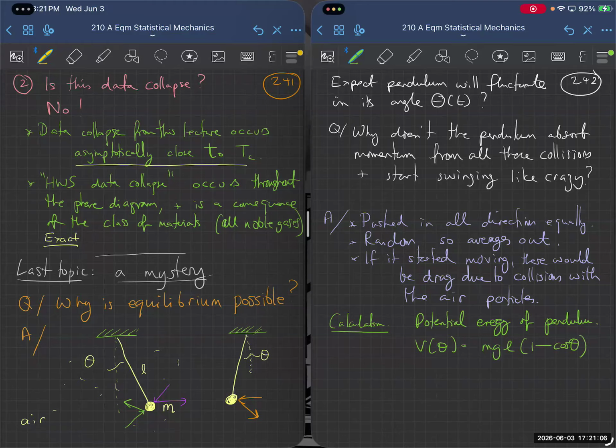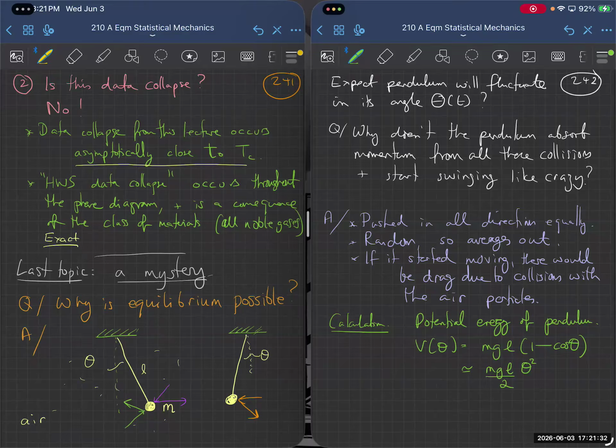Now let's say that theta is small. In practice the pendulum just hangs like this, so it's not doing this. So let's do a Taylor expansion. Then this is equal to mgl times theta squared over 2.